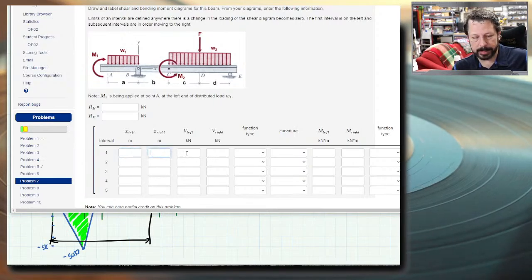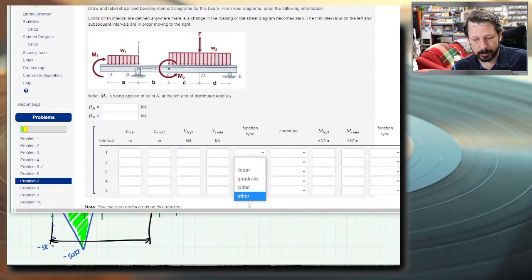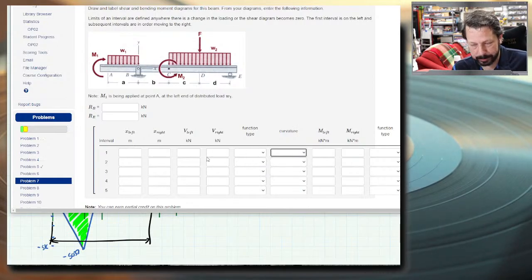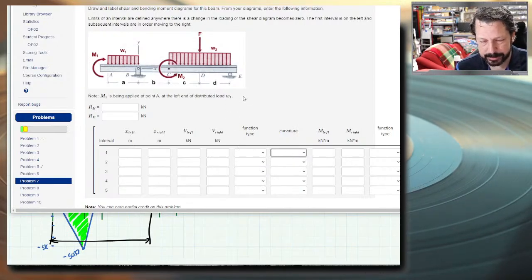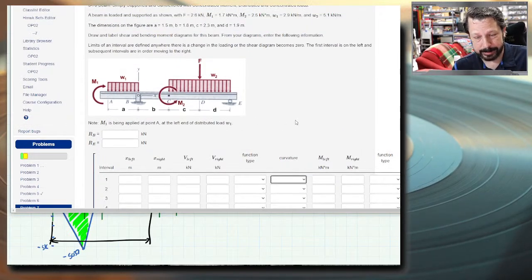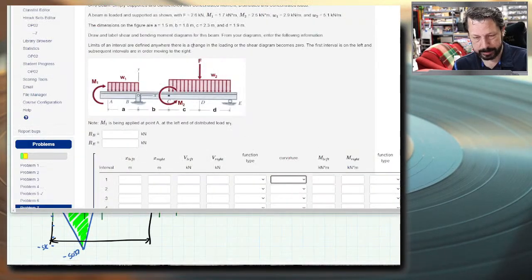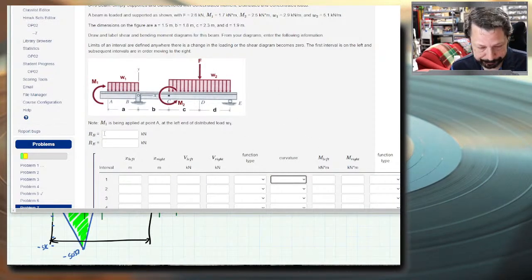You put the location of the different intervals, the shear force on the left and the right, and what shape is it? Is it curved up or down? So not fun to do in multiple choice type settings, trying to draw this picture in a bunch of boxes. But that's the way WebWork works.